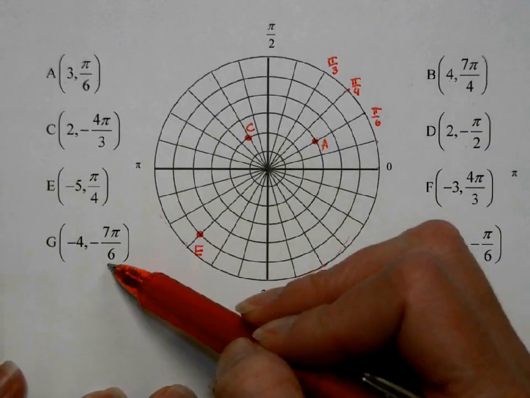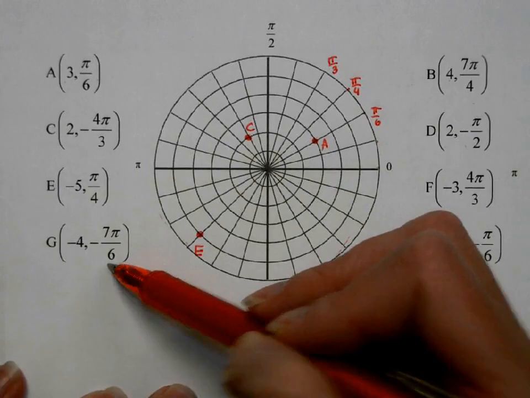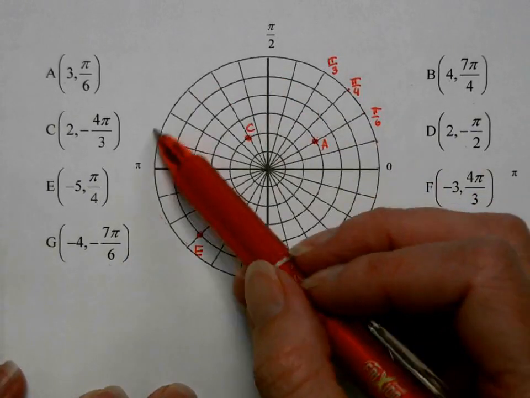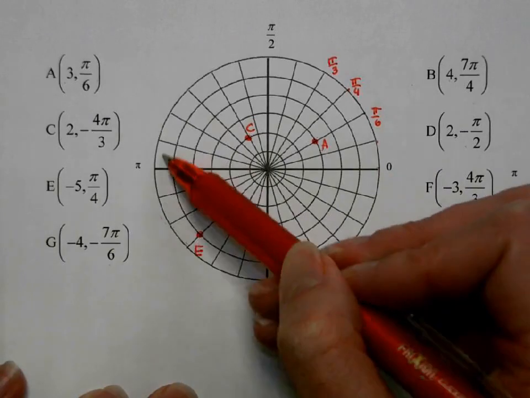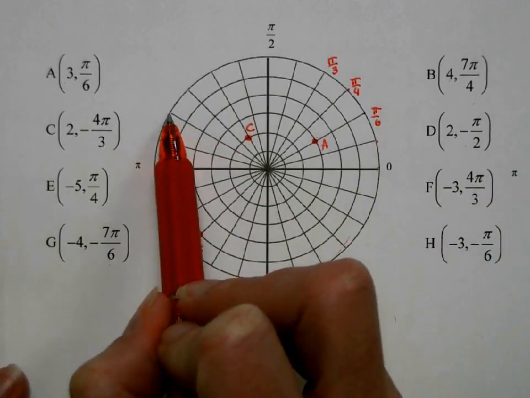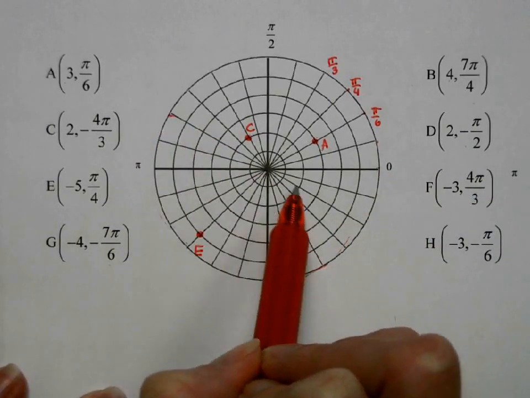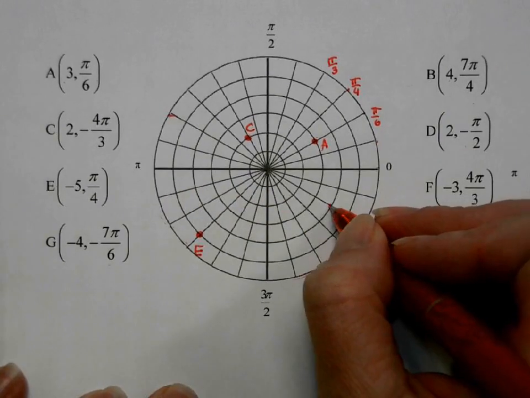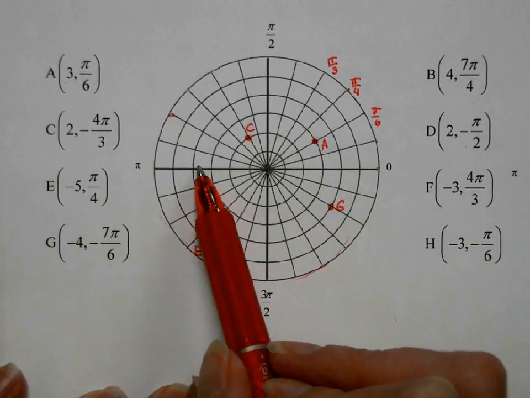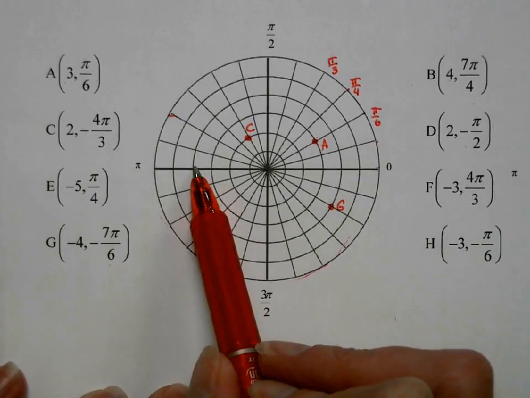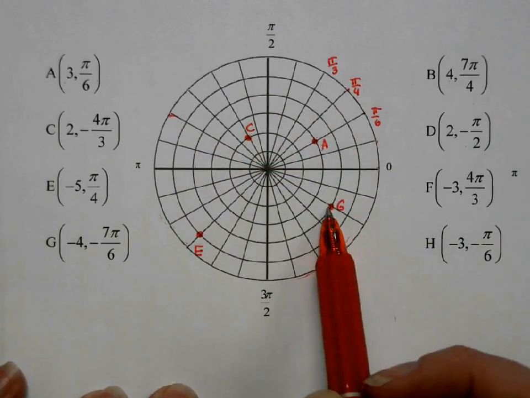My preferred is to find negative 7 pi over 6. So positive 7 pi over 6 is down here. So negative 7 pi over 6 is this line here. And then I'm going to go through the pole to the other side. Or go back to negative 4 and then go clockwise 7 pi over 6 to get to that value.